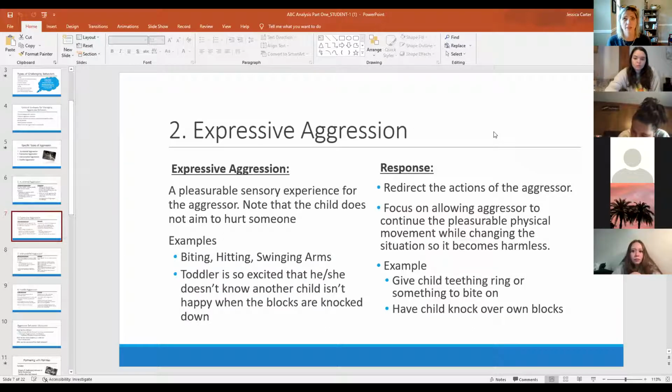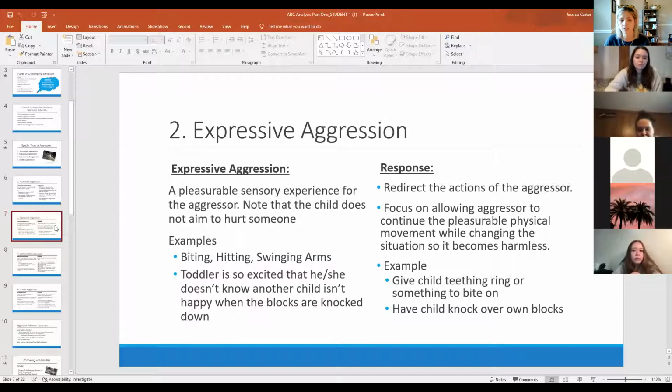Another thing that I've seen be really successful here is heavy work. So taking the child outside and letting them fill up a bucket with dirt and move the dirt around, or pushing wagons with other children in them. Sometimes children need that sort of big body physical sensory input, and we have to think of appropriate ways to offer them those experiences so that we see less expressive aggression.